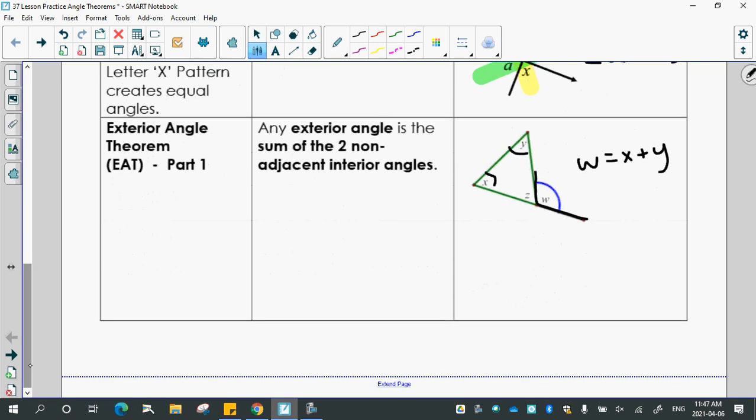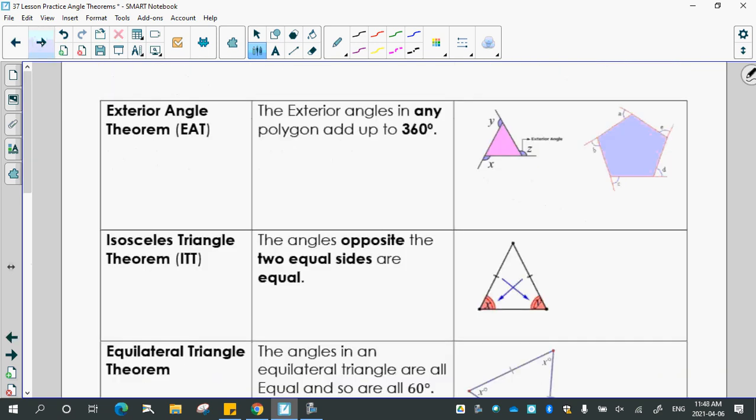We've already seen the exterior angle theorem part 2, and that is that in any polygon, it doesn't matter how many sides there are, the exterior angles always add up to 360. So that's the normal exterior angle theorem. In this case, you could make the equation that x plus y plus z adds up to 360.